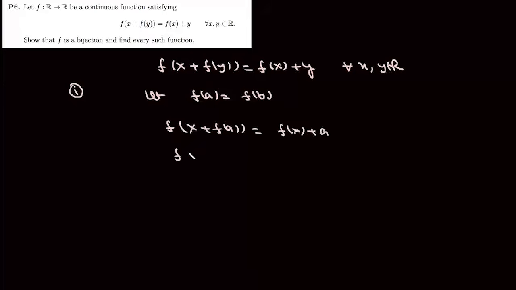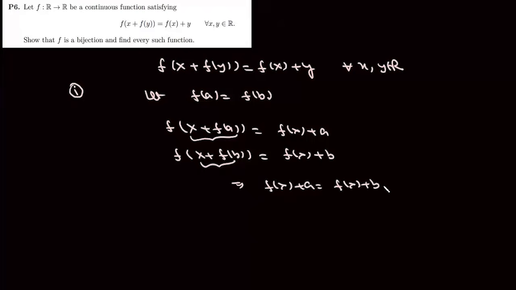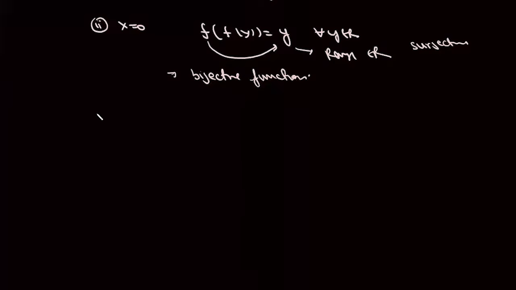And if we put y as b, we'll get f(x + f(b)) equals f(x) + b. Now since f(a) equals f(b), both of them will be the same. So from here we'll get f(x) + a will be equal to f(x) + b, or simply a equals b, which shows this function is injective. Now in the second part, we need to find this function f.